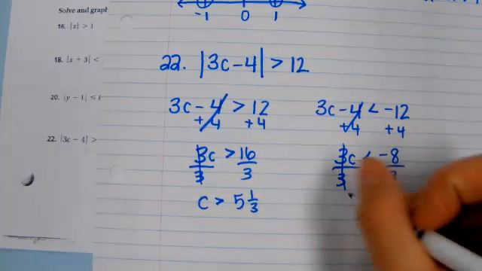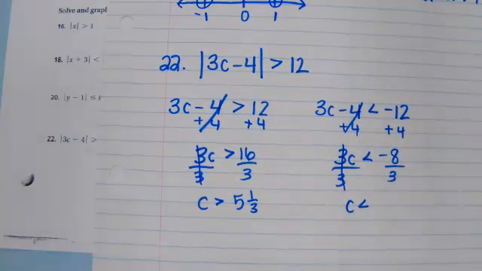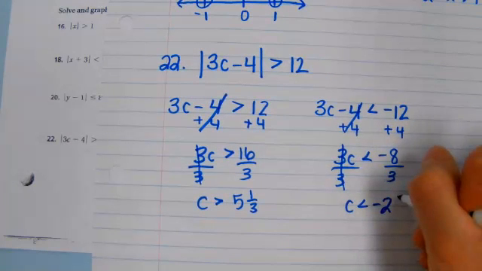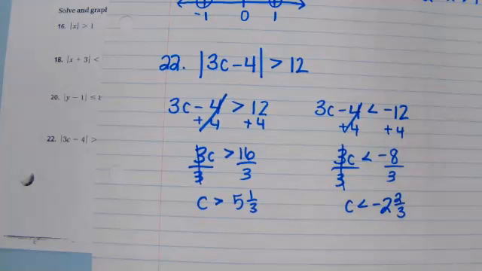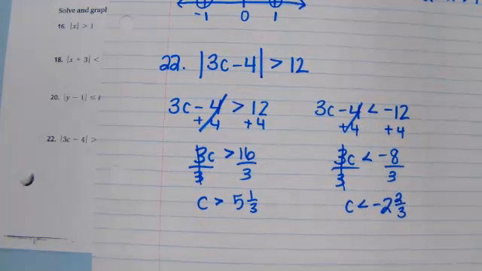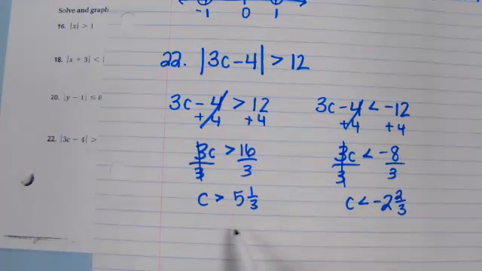All right, this one, c is less than, what do you get when you divide negative 8 by 3? 2.6 repeating. So what would that be as a fraction? Negative 2 and 2/3. All right, I'm leaving it as fractions. You could do it as a decimal. That's okay too. But I'm leaving it as fractions here just to show you.